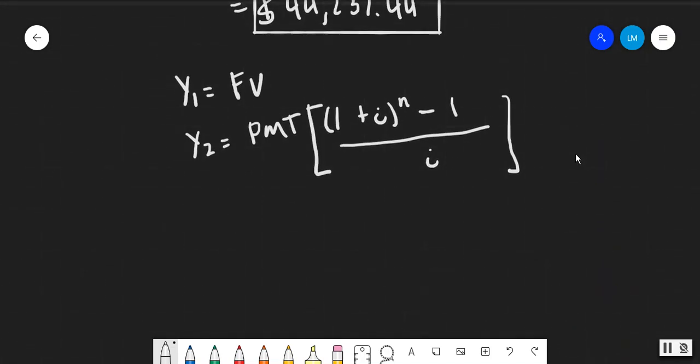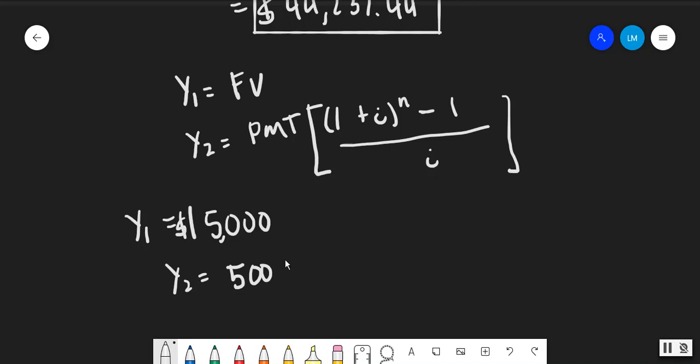So, for example, say you know there's an amount of 15,000 that you would like to have, and the amount deposited is, let's say, 500, and it's going to be 1 plus 4% divided by 12, monthly.